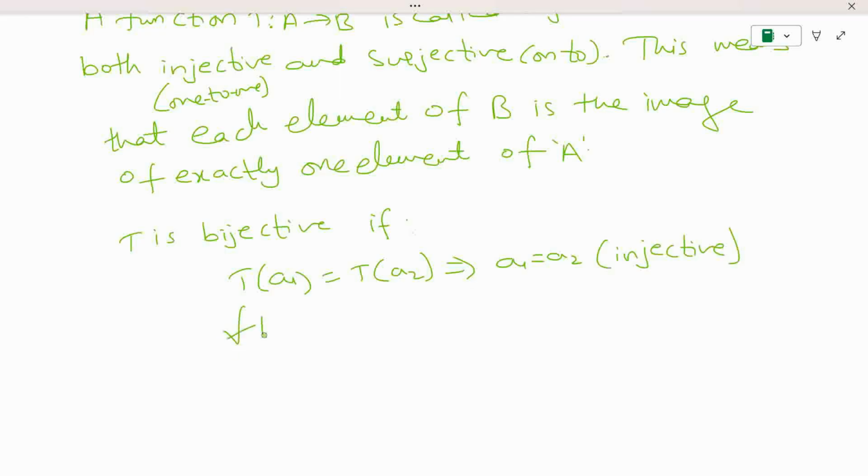That is, for every B belonging to B, there exists A belonging to A such that T of A equal to B. That is surjective.